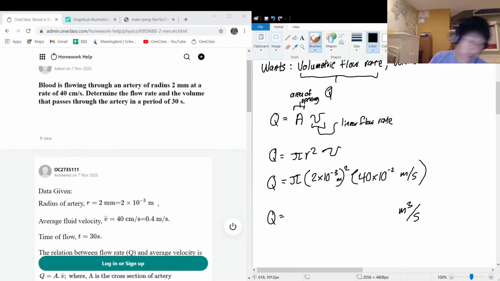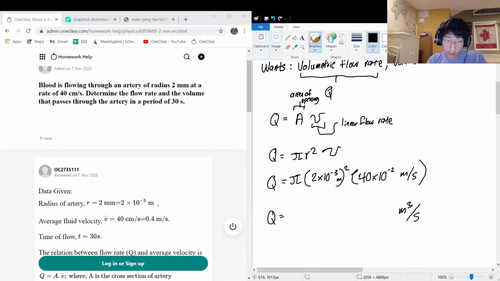Okay, that's great. And for the value of this, let's send it through the calculator. We've got pi multiplied by, in brackets, 2 times 10 to the power of negative 3 meters, and we square that whole thing. Then multiply by 40 times 10 to the power of negative 2 for the centimeters.